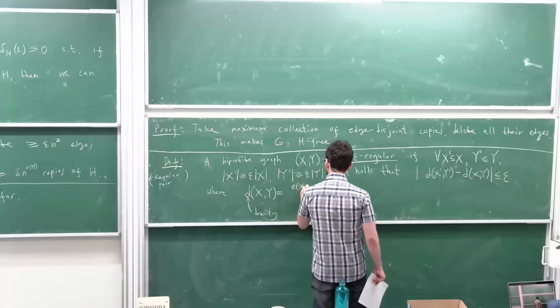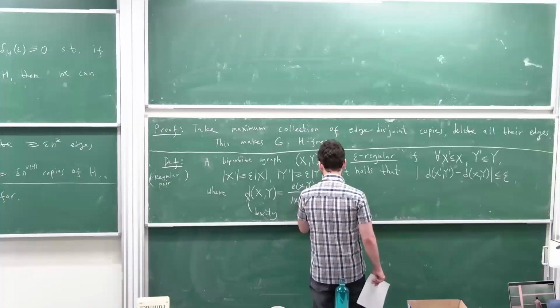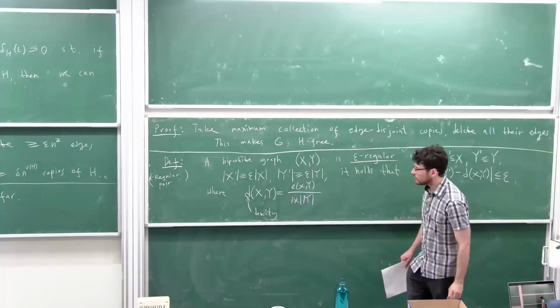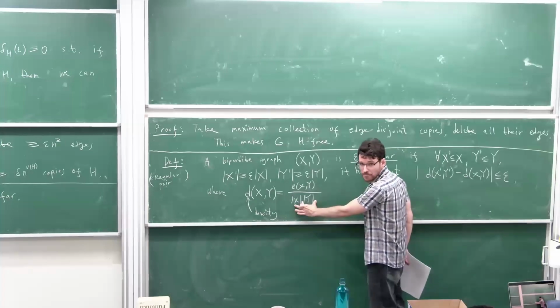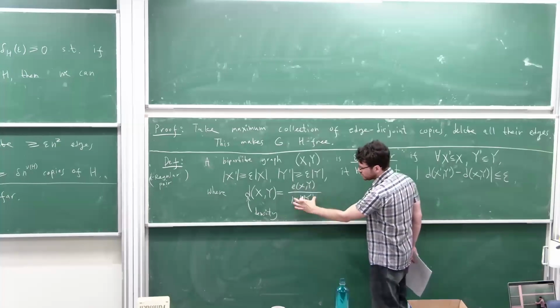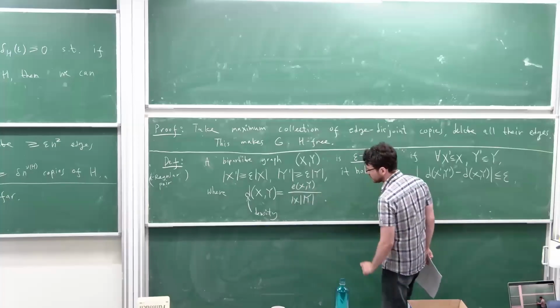This is the number of edges between X and Y divided by the size of X times the size of Y. So this is the total possible number of edges between X and Y. And we ask what fraction of these are actually edges. And this is called the density.